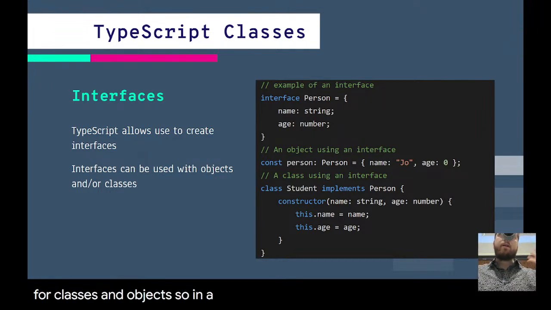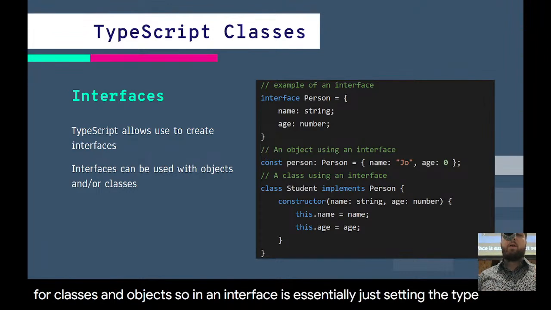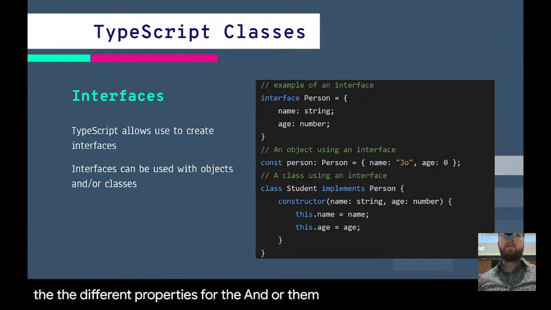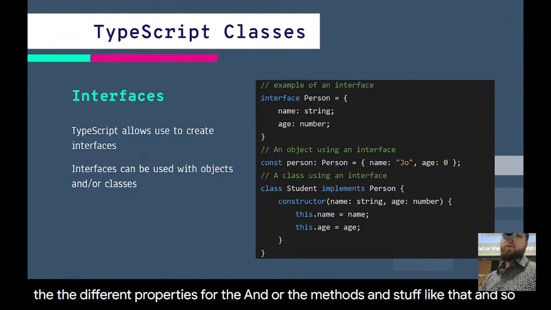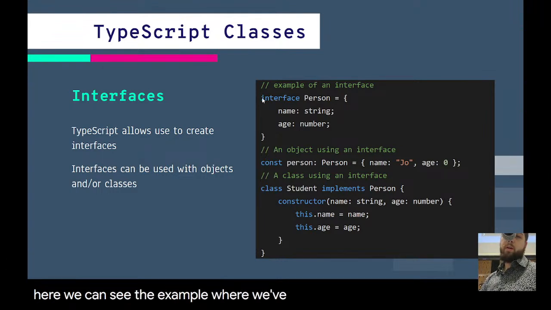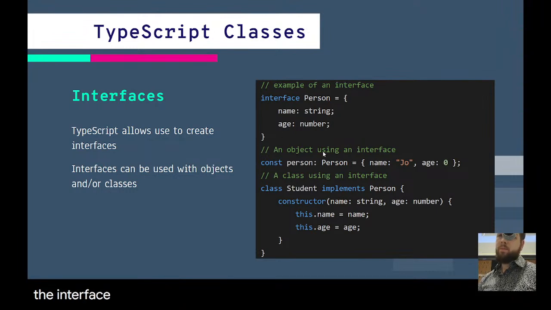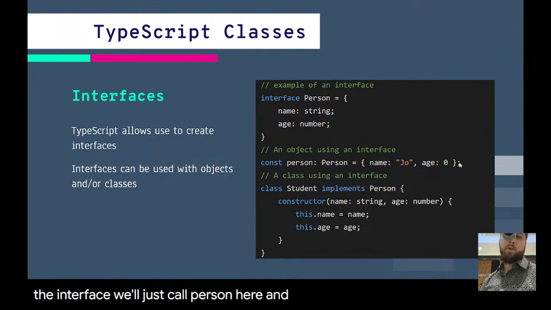So an interface is essentially just setting the types of the different properties for the class or the methods and stuff like that. And so here we can see the example where we create an interface called person, set the name and the age as string and number, and then we can create a new object using that interface. We'll just call person here, and we can create the object.